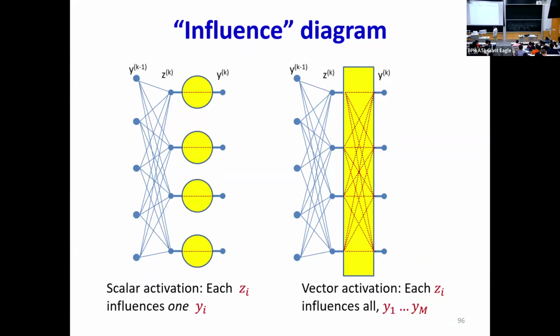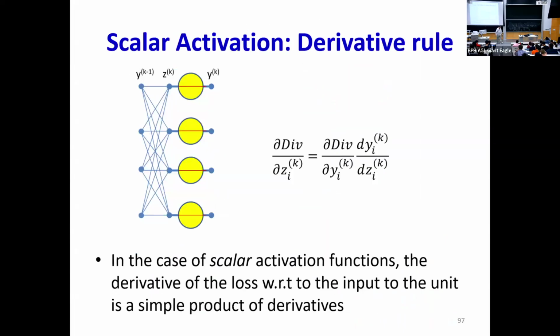And so when I write derivatives, in the first case, I have all of the z's, z1, z2, z3. These influence their corresponding y's, y1, y2, y3, and these finally influence the divergence.